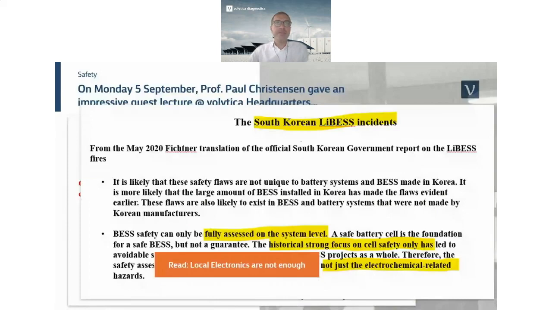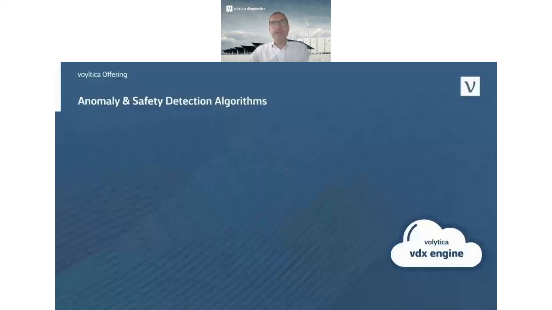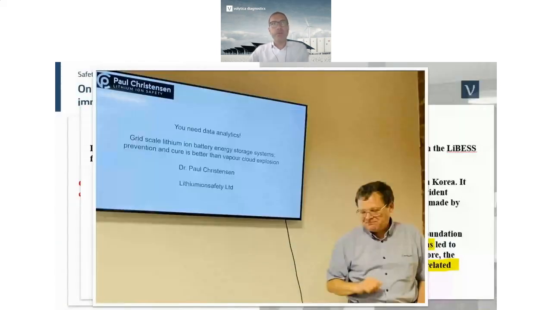I'm skipping that. Professor Paul Christensen from Newcastle really stresses the need of data analytics, which I really like, of course, because several of these trends are difficult to detect without data analytics.